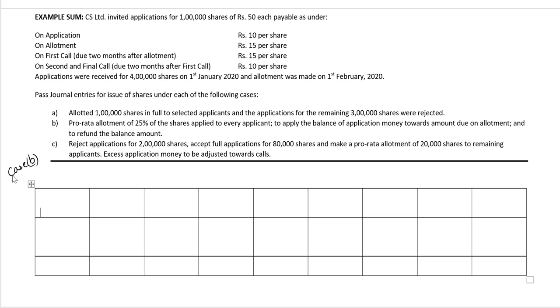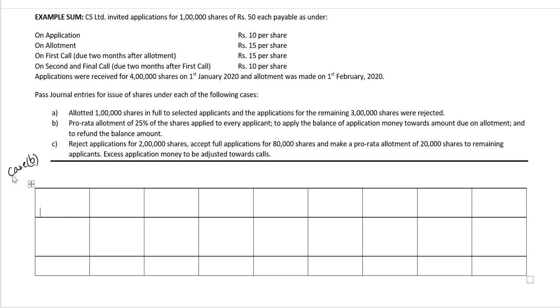After adjusting the excess application money towards allotment, the balance has to be refunded. So we'll stick to the table with 9 columns because we are not going to transfer the excess application money to the calls. Any excess application after adjusting towards allotment has to be refunded.